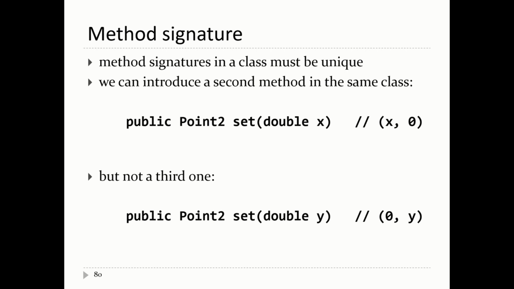So set double is fine. And this particular version of set just sets the x coordinate and makes the y coordinate equal to 0. If I add that version of set, I cannot add the second version of set, the third version of set, because its signature is also set double. And so that's illegal.